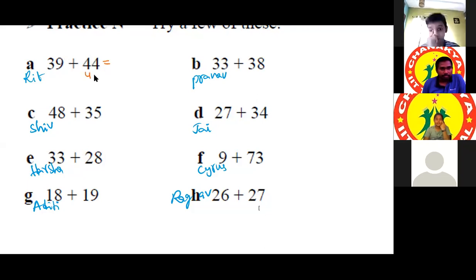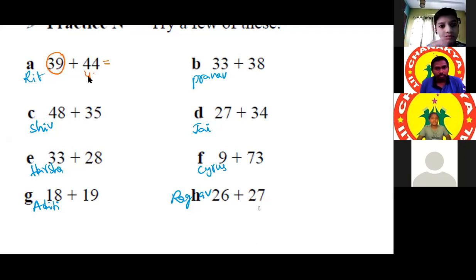So 40 plus 43. Oh, you are doing it in that way? Yes, sir. We are in Sankalana Vyavakalana Abhyam, meaning by addition and subtraction, we'll do it in this way only. 39 plus 44. To get to multiples of 10, we can take 44 plus 6.